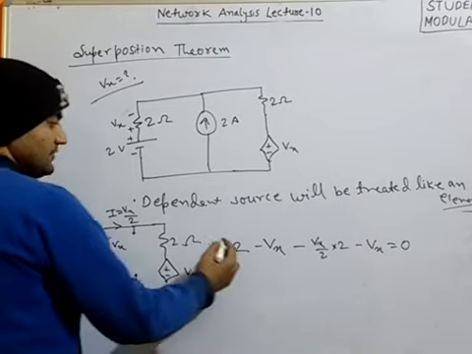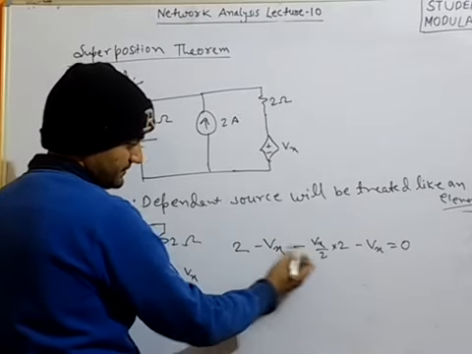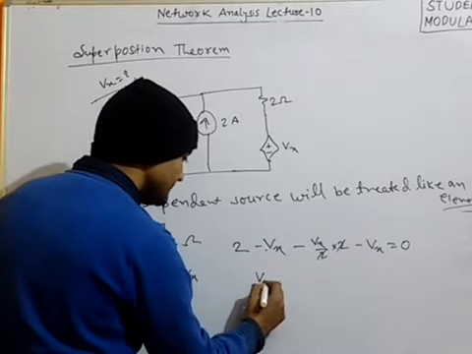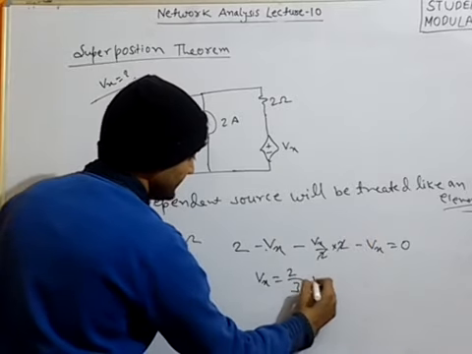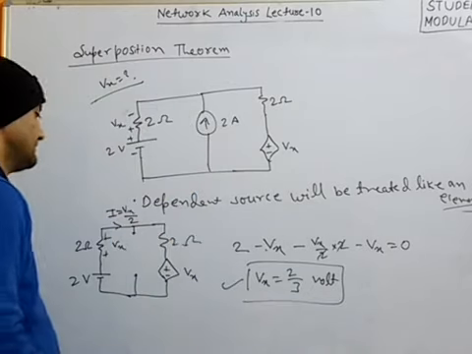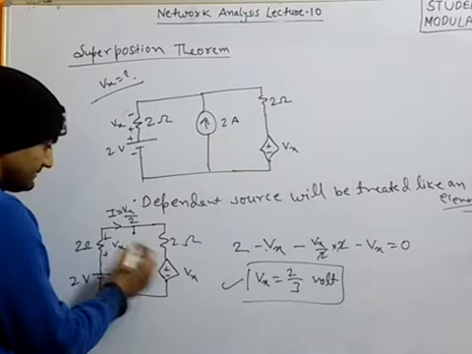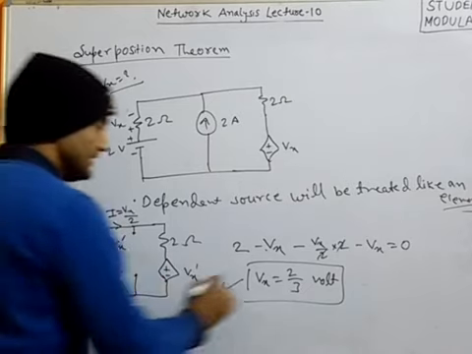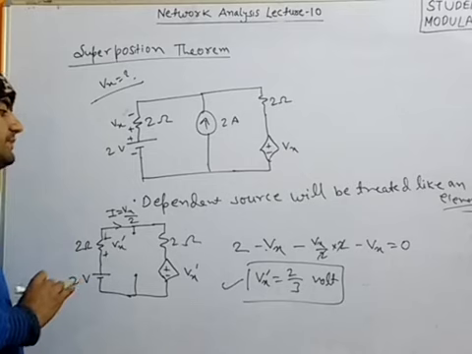So 2 minus Vx minus Vx minus Vx. So overall Vx equals 2 upon 3 volts. We will call this Vx dash. So Vx dash is 2 by 3 volt.